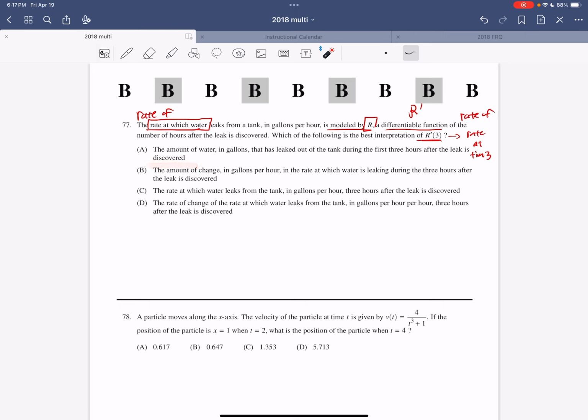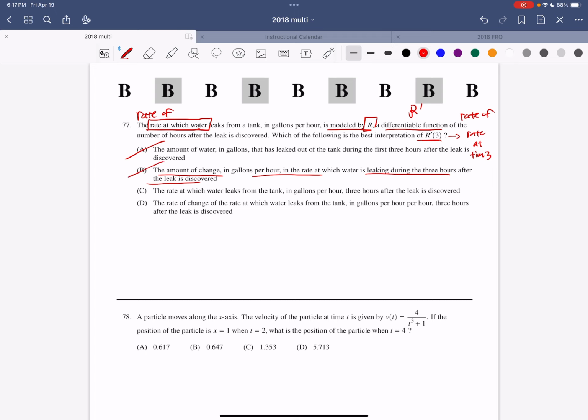That's not going to be the answer, because we are looking for the rate of the rate, and this is only asking for the y value. The amount of change, which is the rate, in gallons per hour during the first 3 hours after the leak is discovered. Again, we are looking for the rate of the rate, not just the rate, so that cannot be the answer.